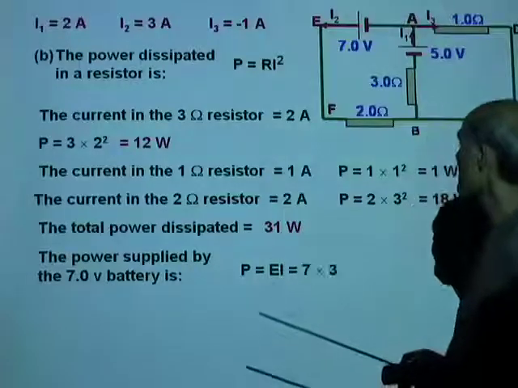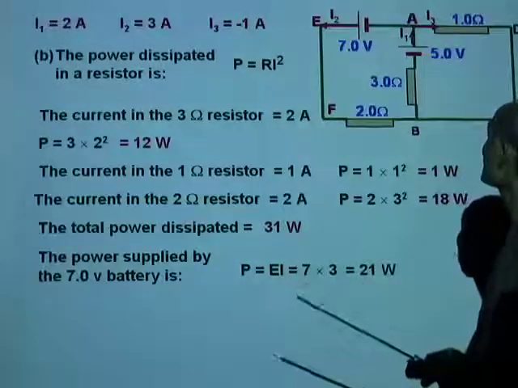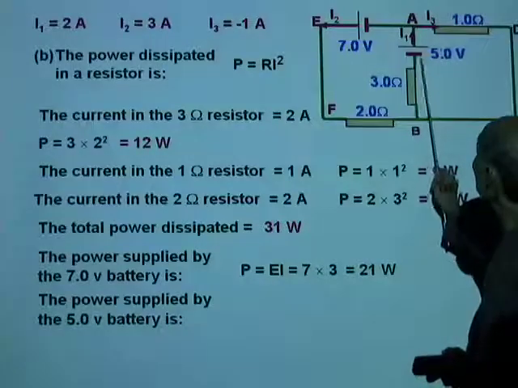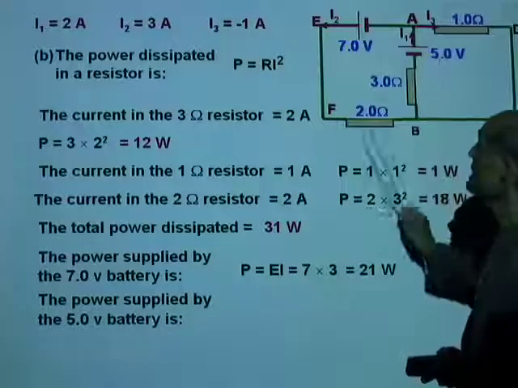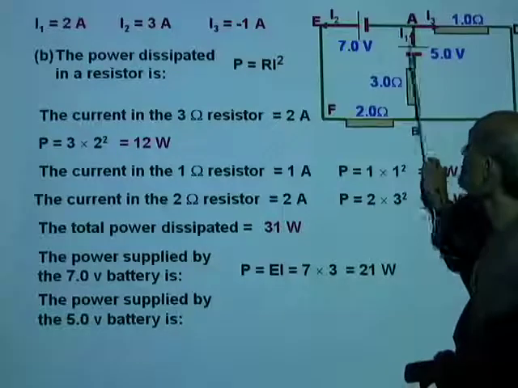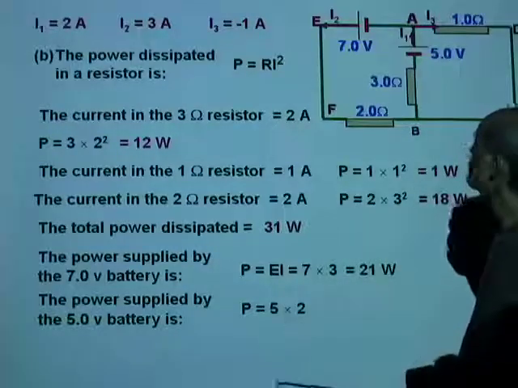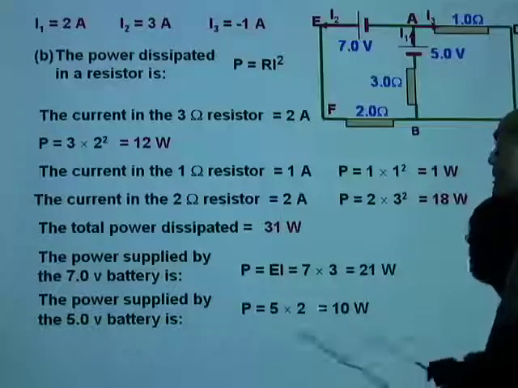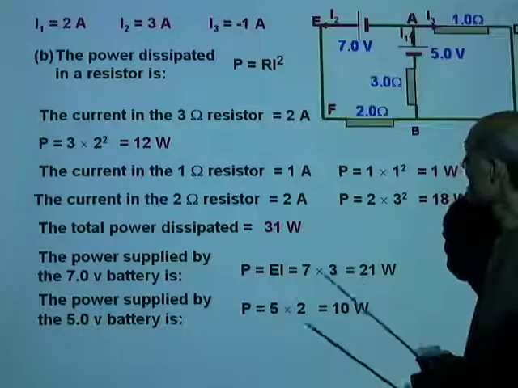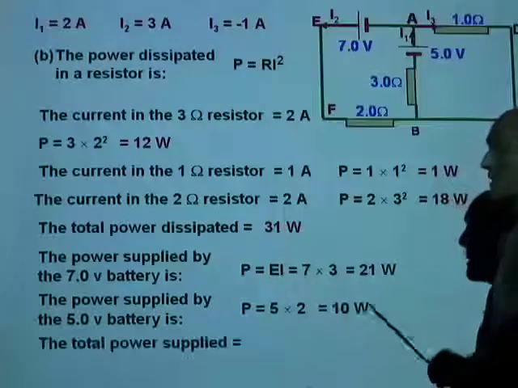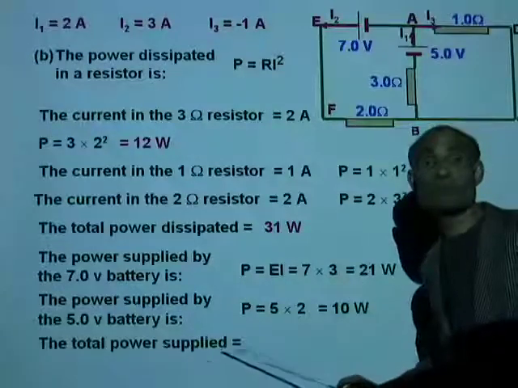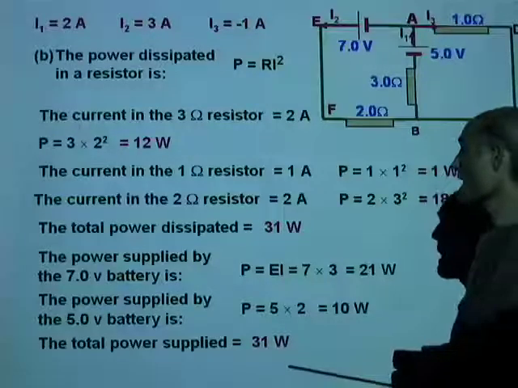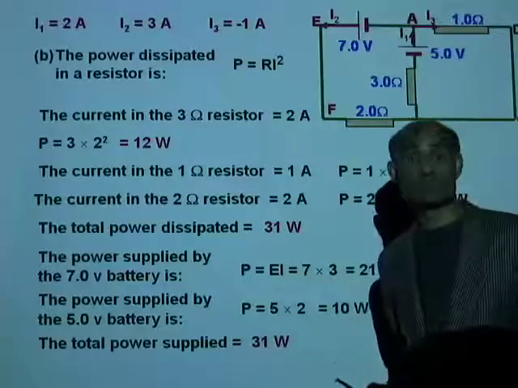P equal to E times I, that is 21 watt. And the power supplied by the 5-volt battery is 5 times I1, which is 5 times 2, is that right? That is 10 watt. 21 plus 10 is 31. The total power supplied equals the total power consumed.